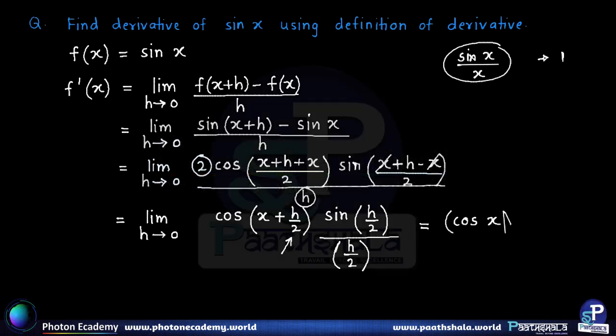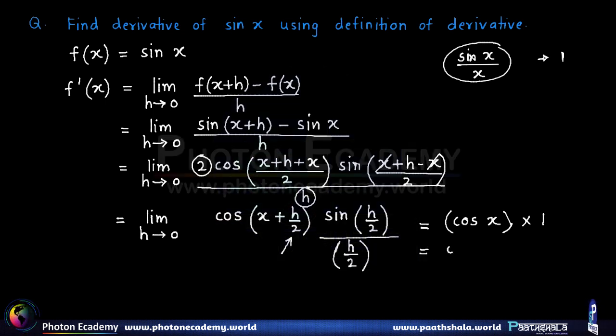So we have cos of x multiplied with 1. So the final answer is cos x. Therefore the derivative of sin x is cos x, and we have to remember this as a standard result, because many times we need to use the derivatives of such standard functions.